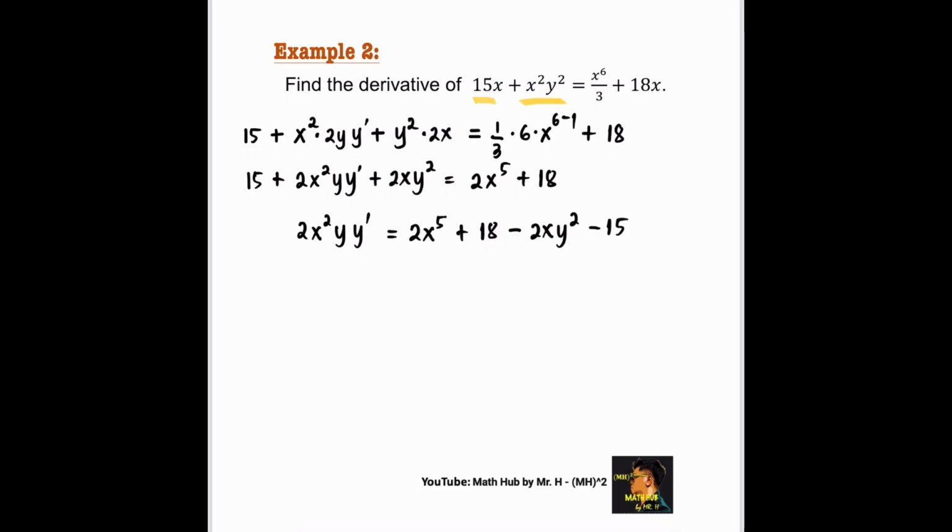And then we simplify, so 2x squared y prime will be equal to 2x to the 5th minus 2xy squared.